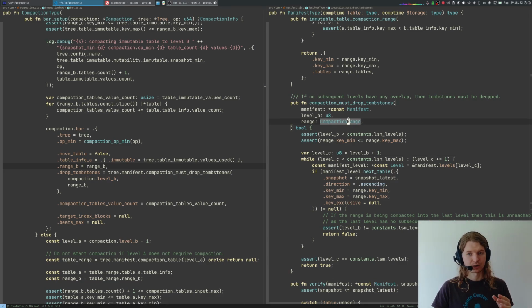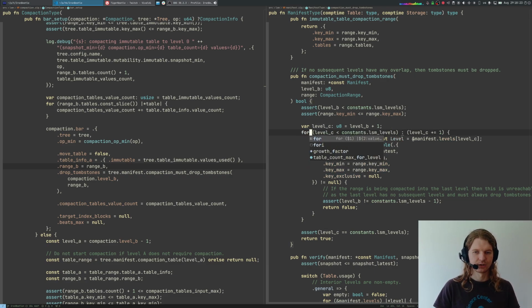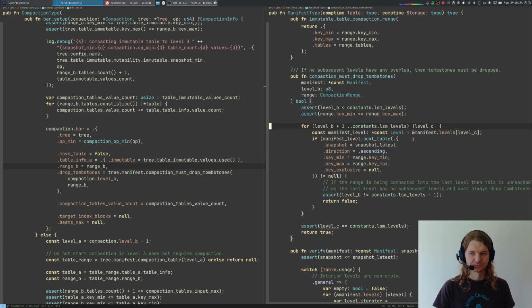So we're going to compact these tables from this level. We go over all the other levels, which could be written something like this in modern Zig. We start with level B plus 1 and go up to the constant LSM levels.